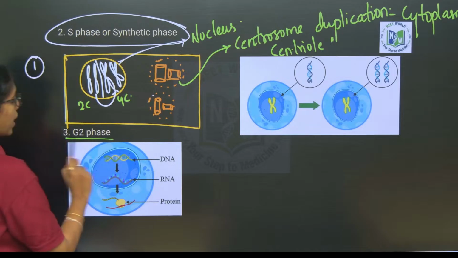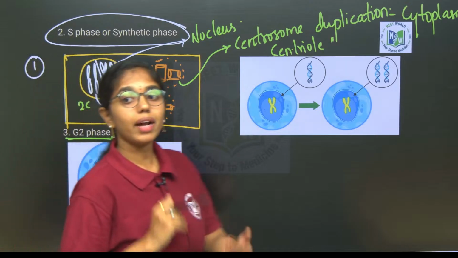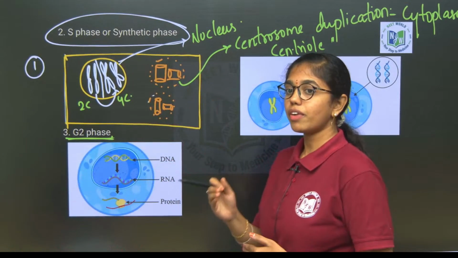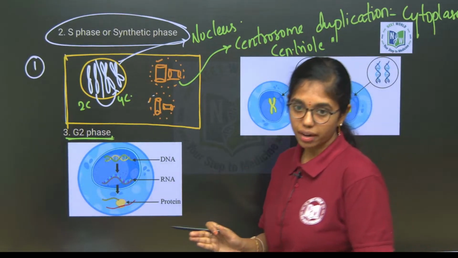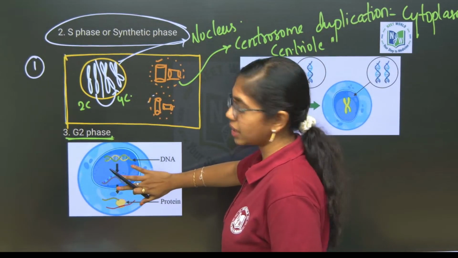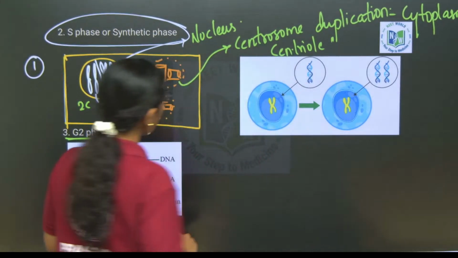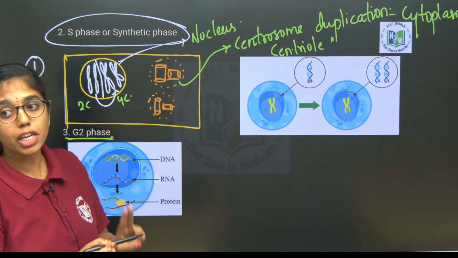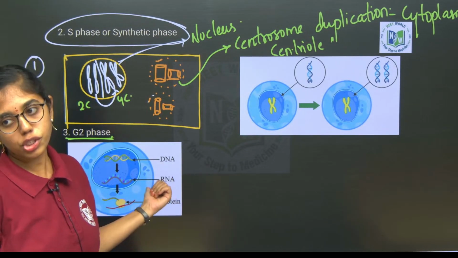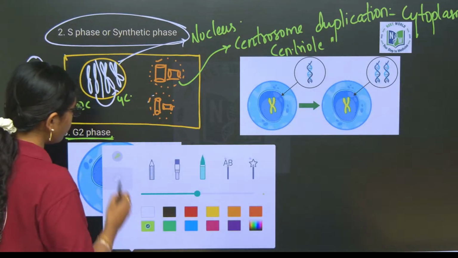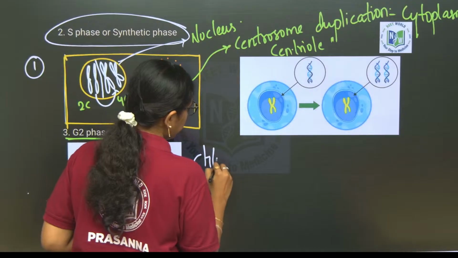In G2 phase, whichever proteins are required for further process of karyokinesis, whichever cellular constituents are required, they will get doubled and synthesized in G2 phase, and the major event is that self-duplicating or semi-autonomous organelles will be duplicated or doubled in G2 phase. What are those self-duplicating organelles?